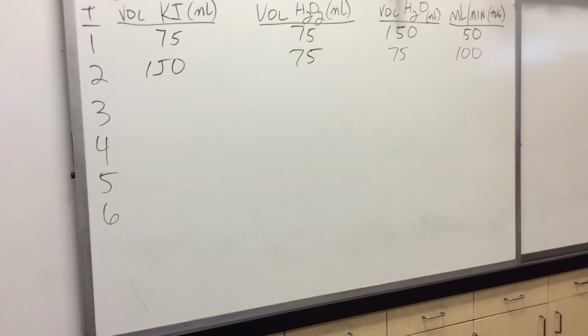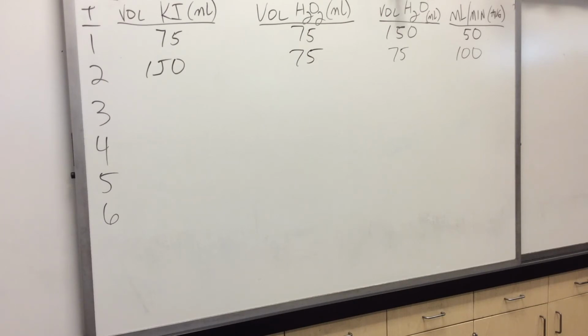So doubling the hydrogen peroxide concentration while keeping the potassium iodide concentration constant should also double the rate, which we're counting by the milliliters per minute. And again, they're measuring four 1-minute intervals and getting the average.